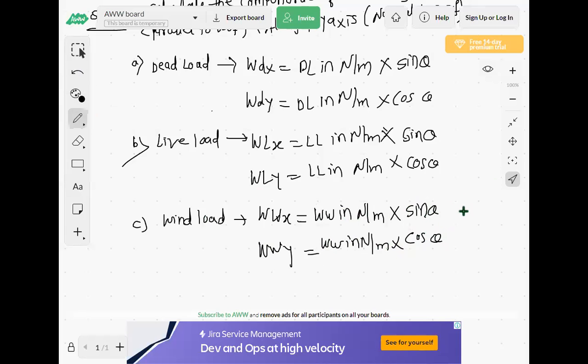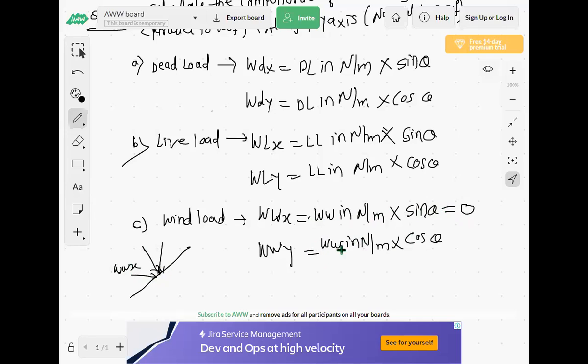And this value, WWX value, will always be zero. We have to take this value always as 0, or it will become 0. The reason behind that: this is perpendicular. Wind load is acting in the perpendicular direction. So this is the WWX component, and this value will always be negative.